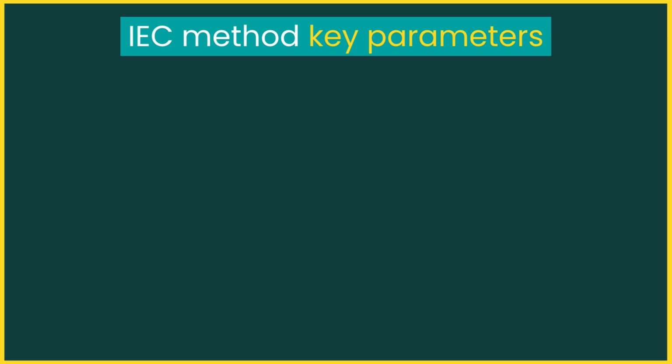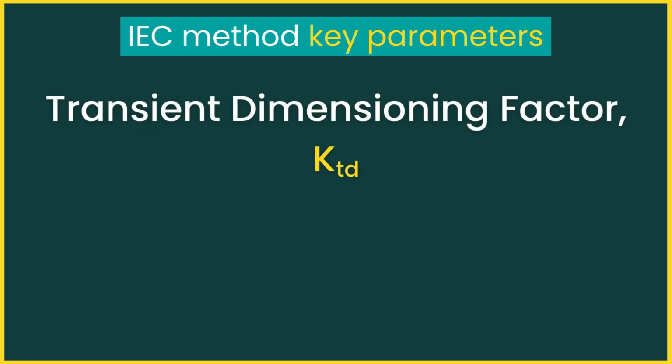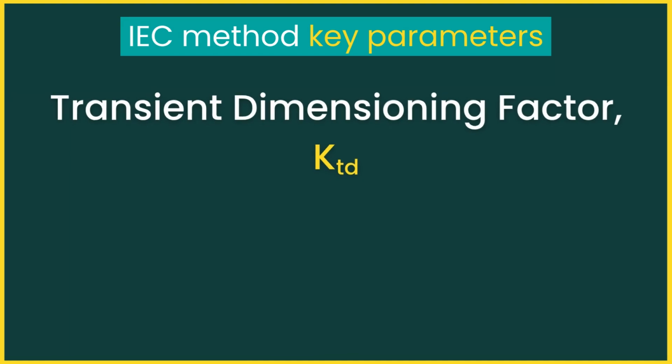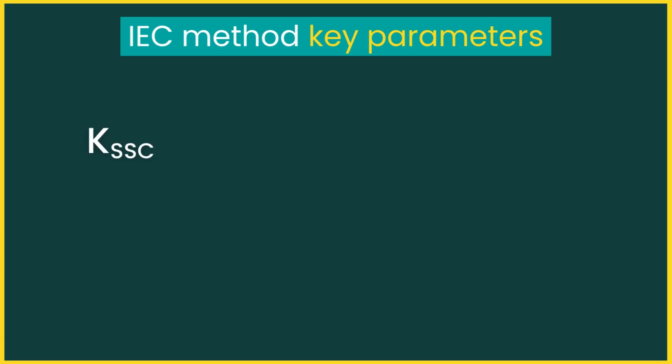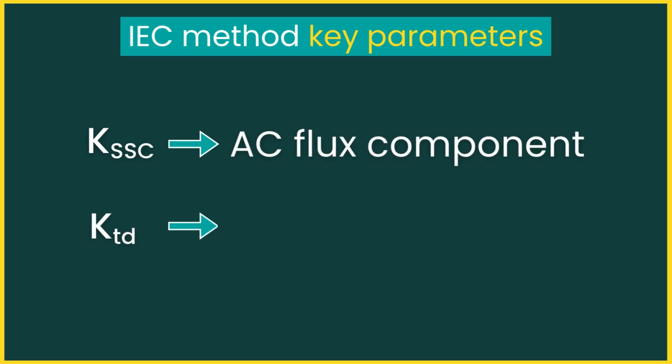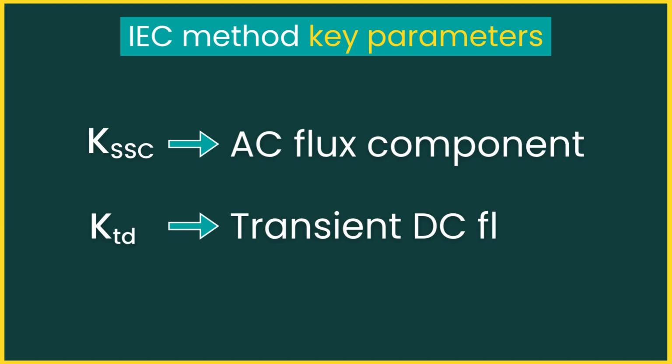Now comes the key parameter, the transient dimensioning factor, Ktd. Ktd determines how much the CT must be oversized to stay accurate during asymmetrical fault conditions. In simple terms, Kssc represents the AC flux component. Ktd accounts for the transient DC flux. Together, they define the total flux the CT core must handle.